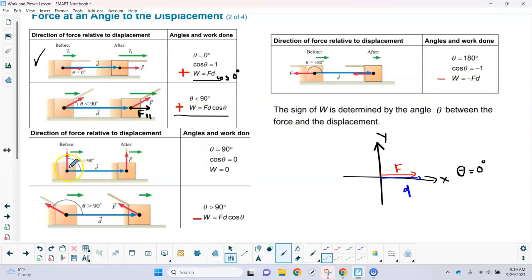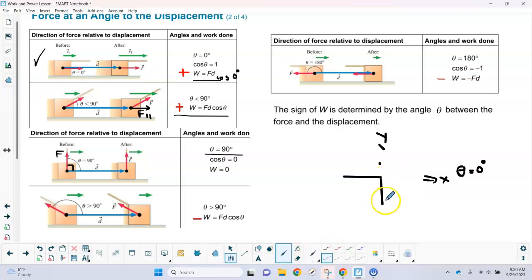When the force vector, the red arrow here, and the blue displacement vector are perpendicular to each other, you can see that this force is perpendicular to the displacement, and that angle is 90. That makes sense too.